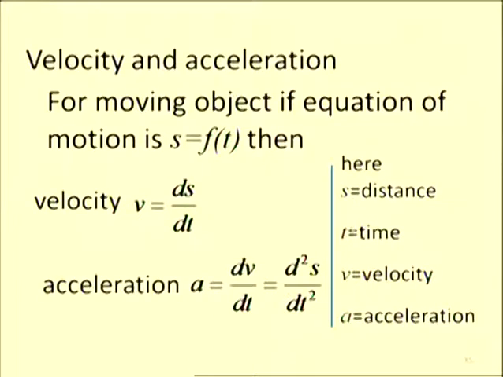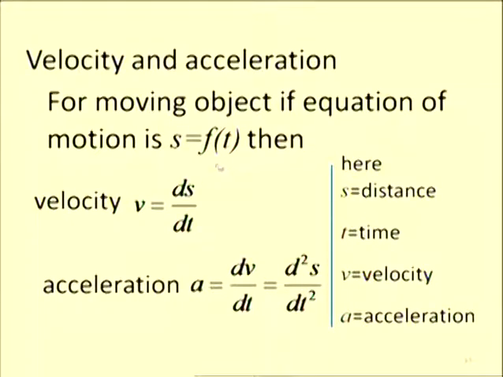So there are four parameters we have, that is S, t, v and a. Here this first order derivative of S with respect to t is velocity, second order derivative of S with respect to t, or first order derivative of v with respect to t is acceleration.